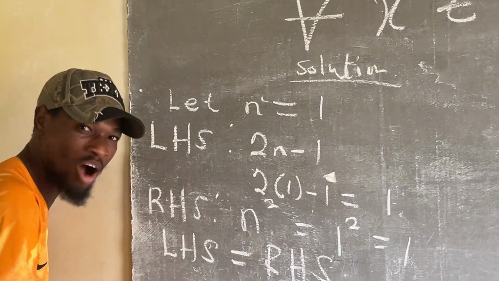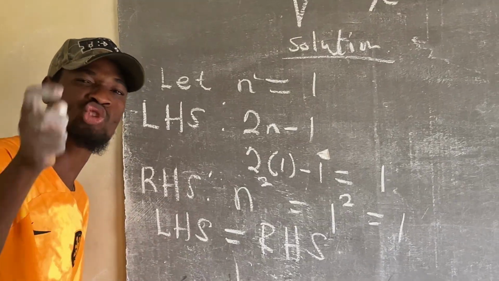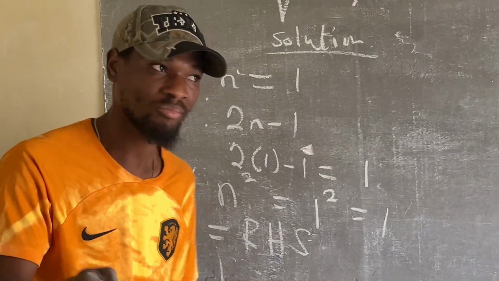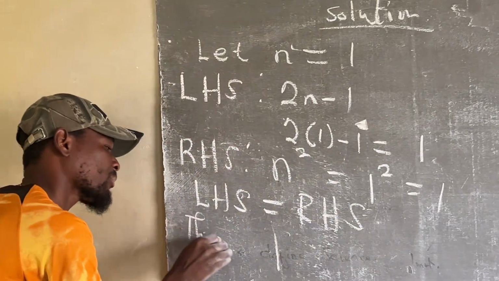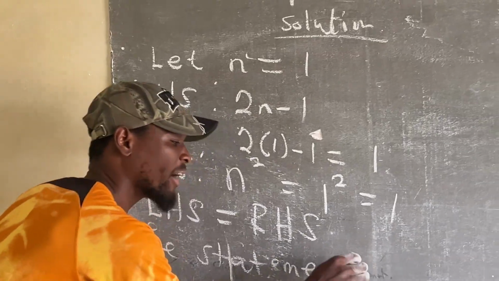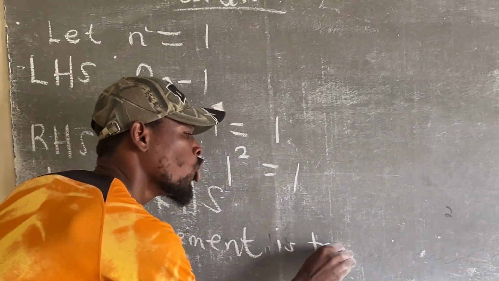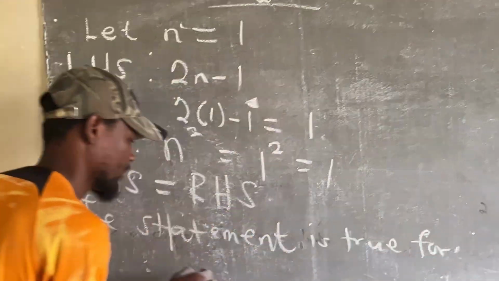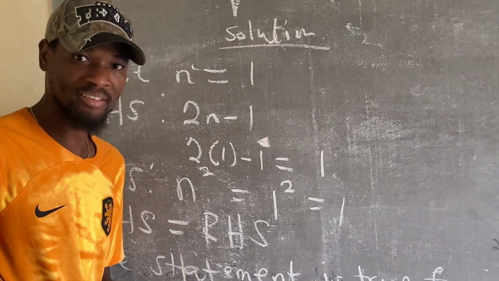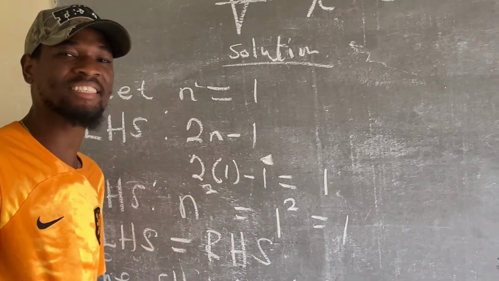So therefore, the statement is true for n is equal to 1. That means we can proceed to the next step.